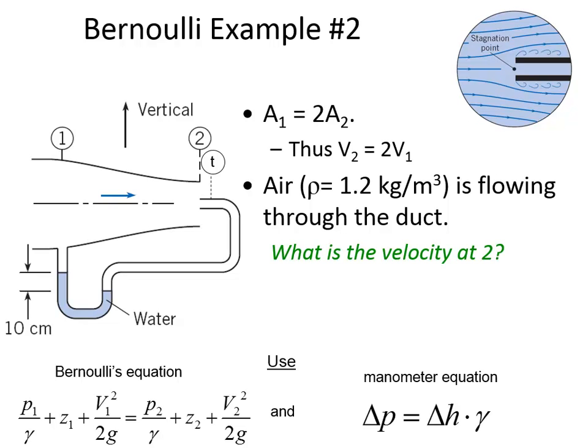So what I'd like to do is write Bernoulli's equation between location 1 and inside of the tube. So it's going to be the pressure head plus the elevation head plus the velocity head. And now the pressure inside the tube, the elevation of the tube, this location just inside the stagnation tube, plus the velocity inside the tube.